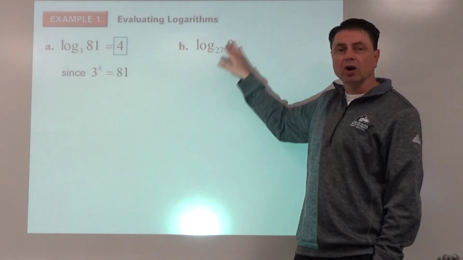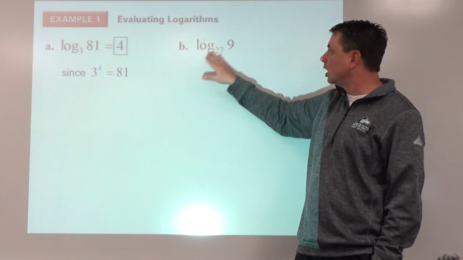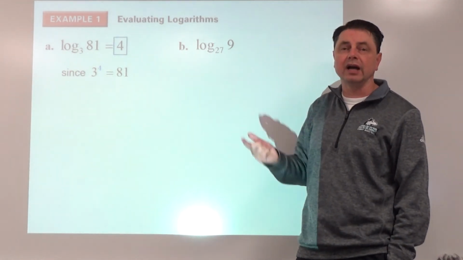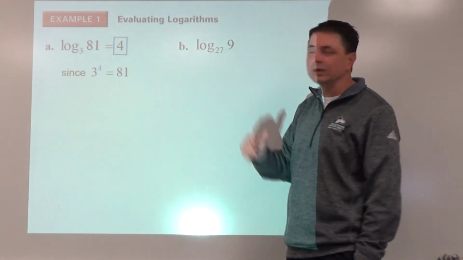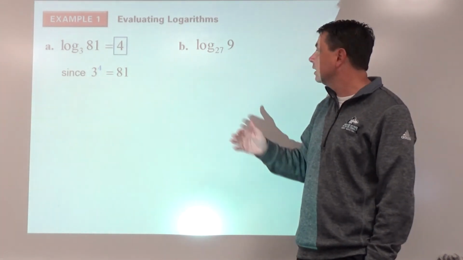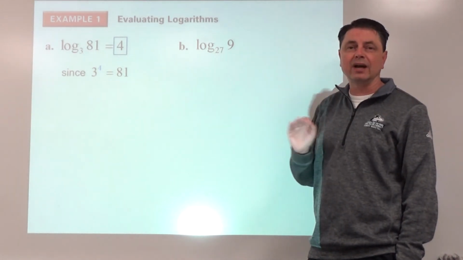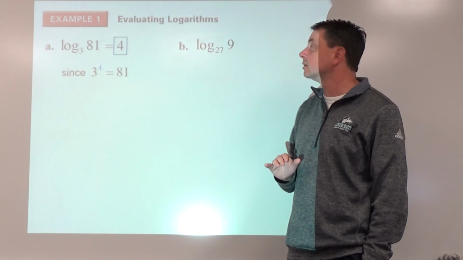Now, if it's a little bit more complicated where we might not know, such as log base 27 of 9, there's some other things that we could do. Because if we're saying 27 to what power is 9, maybe you don't know, and that's fine. So here's a way we can go around it, and then we'll talk about how we might be able to still do this mentally.